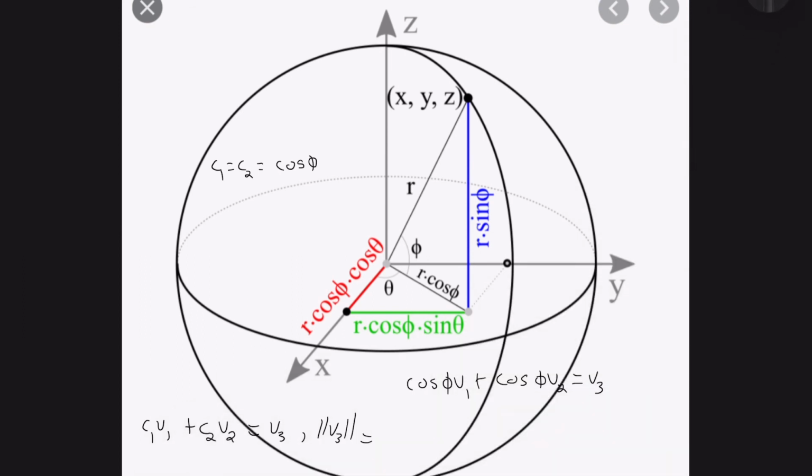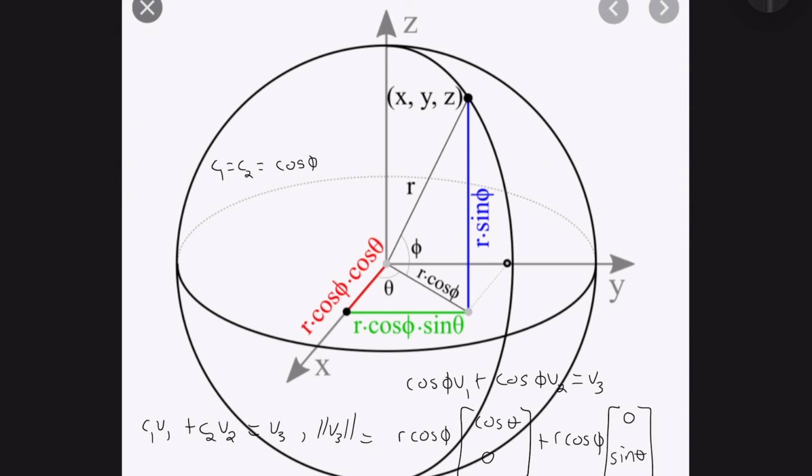And that's just going to be, let's reintroduce R into our system. We had R cosine phi times cos theta 0. That was vector 1 plus R cos phi 0 sine theta.